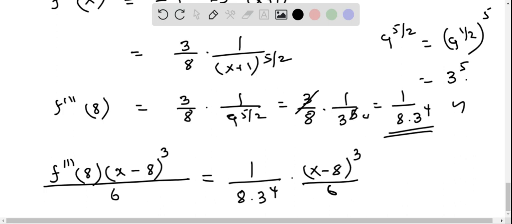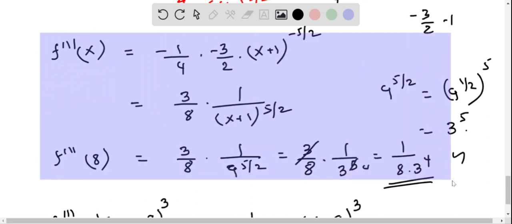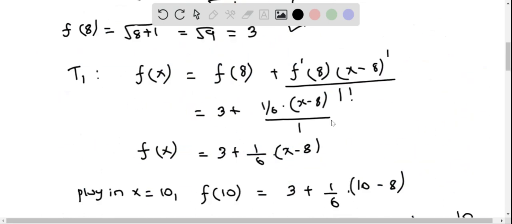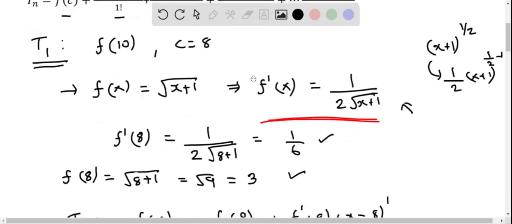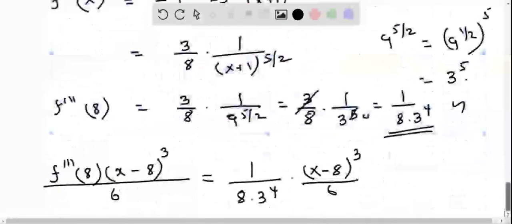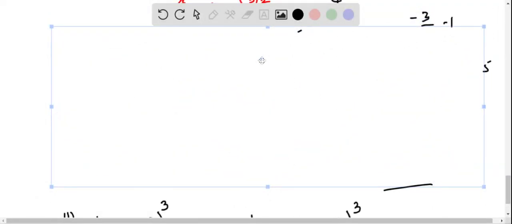But since we have to calculate f of 10, we now find f of 10 for this. So I'm going to erase some part of it. We erase this. Okay.